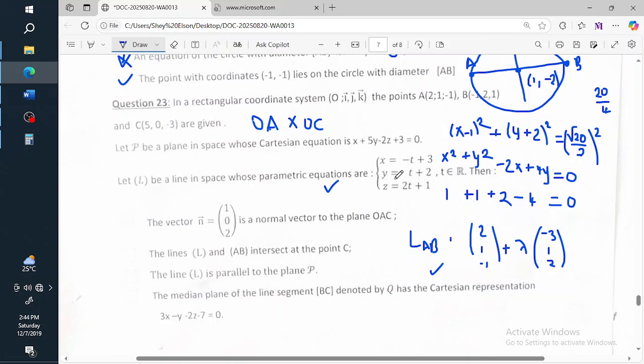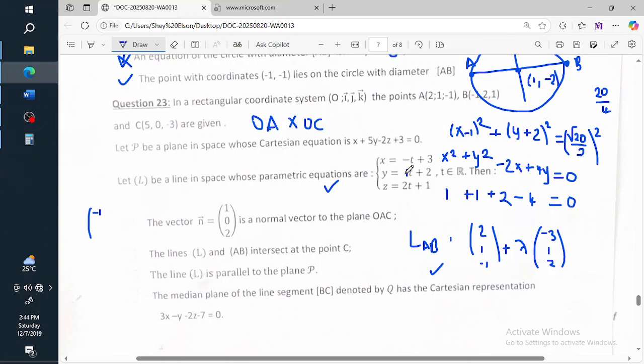Now let us find the direction vector of this line, which is just the coefficients of our parameter, so it is (-1, 1, 2). If two vectors are perpendicular, their dot product is 0.